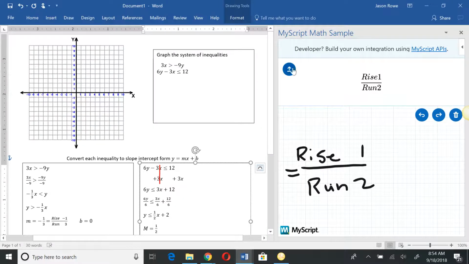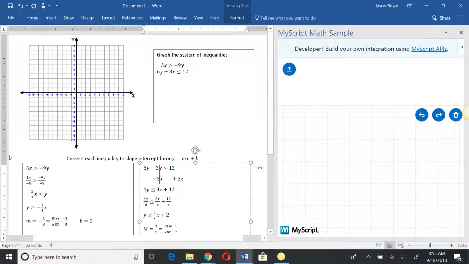So we rise 1, run 2, up 1, right 2. And remember, we can also do both of these the exact opposite. I'll talk about that when we do the graph. What's the y-intercept here? In this one we do have a plus b, so our y-intercept, or b, is 2. So that's how we're going to graph.